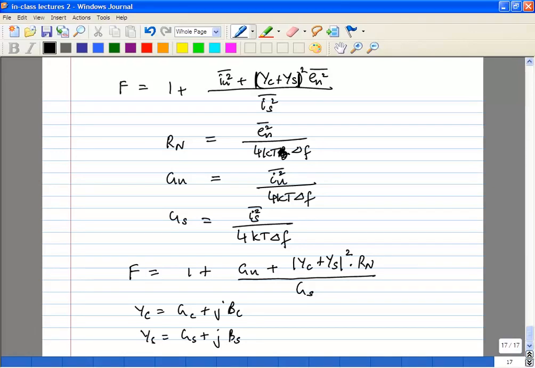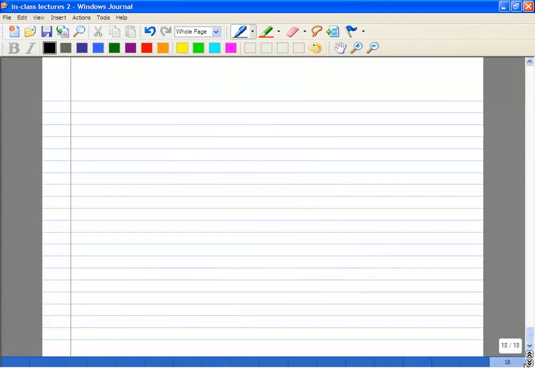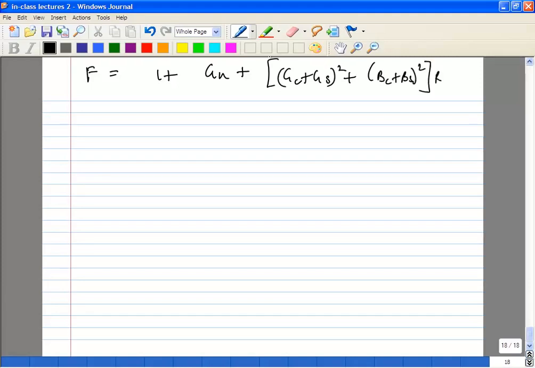So now let's put this back into the expression for F. What is mod of Yc plus Ys whole squared? You can remove the modulus and write it as Gc plus Gs whole squared plus the imaginary terms, over Gs.